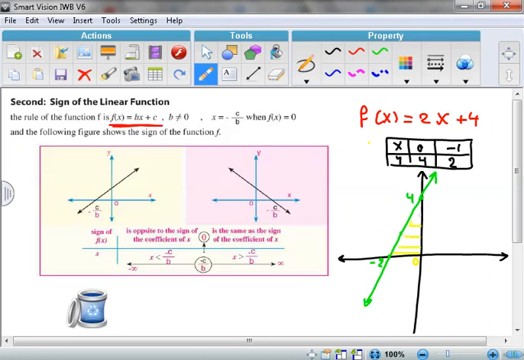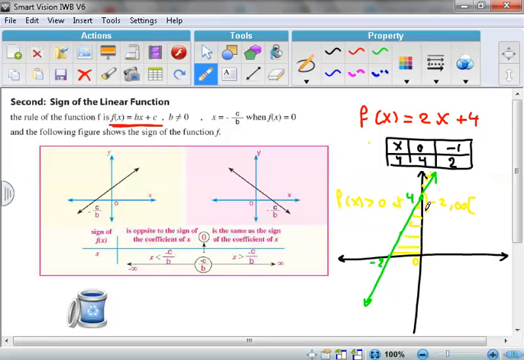This part is in the positive y-axis, from -2 to infinity. f of x is greater than 0 on (-2, infinity).